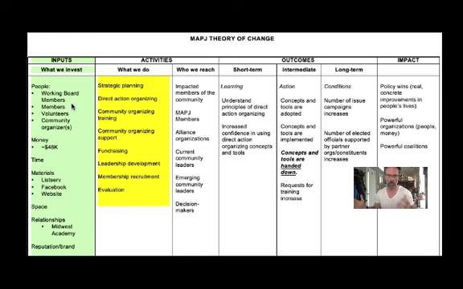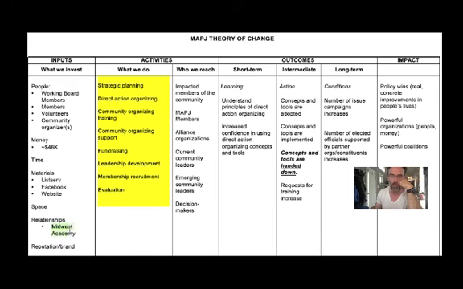These are our inputs, our resources, what we invest. So we have people, we have a board, we have members, we have volunteers, we have right now a community organizer, we have some money, we have some time, we have materials, we have a listserv, we have Facebook, we have a website, and this is abbreviated, but we have these things. We have space.